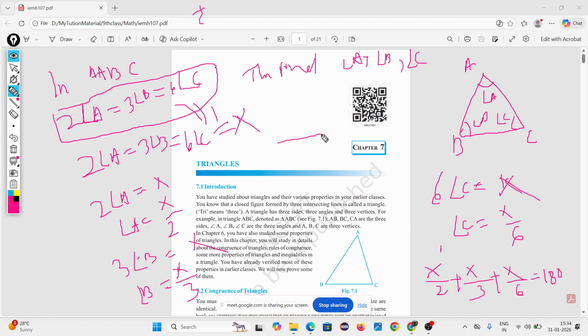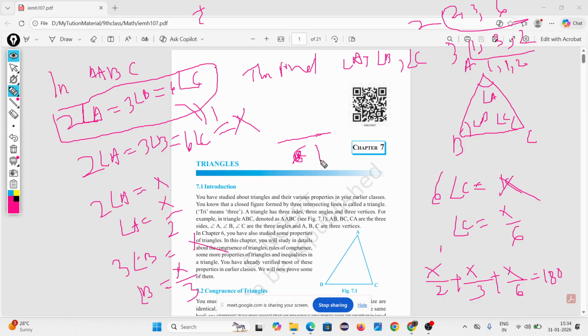Then take the LCM of 2, 3, 6. LCM is 12.